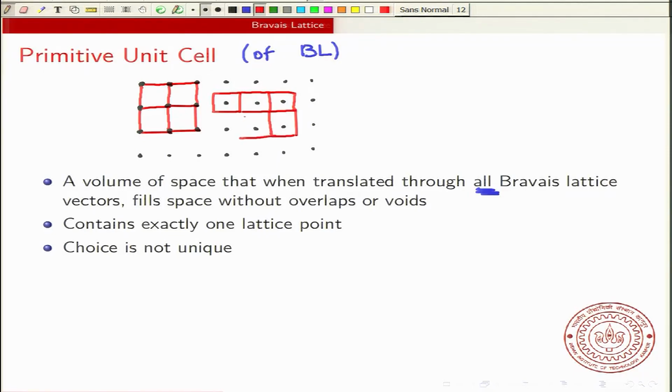Your cell does not have to be square. You can take different shapes of cells.